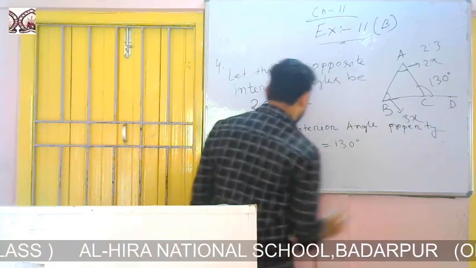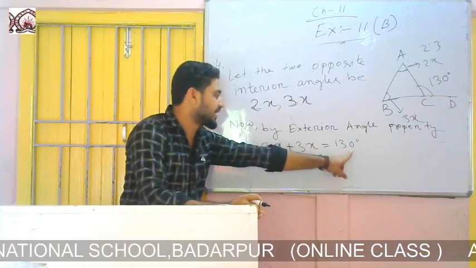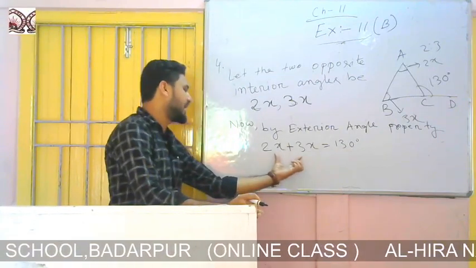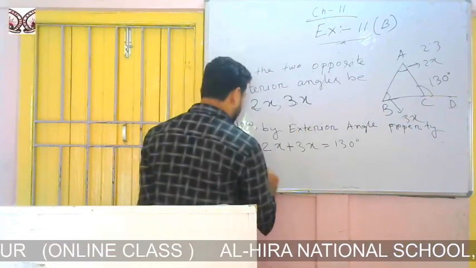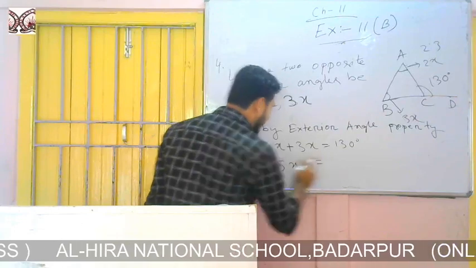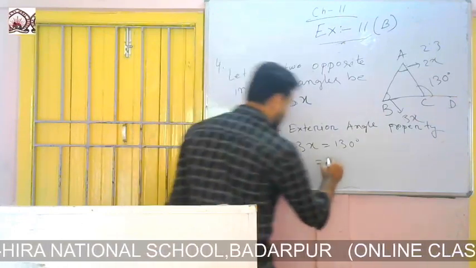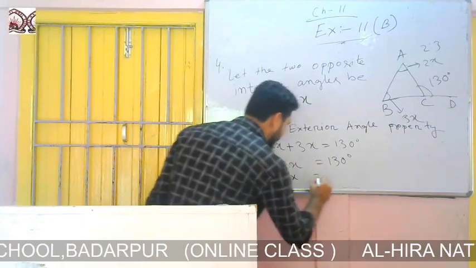The property says that the sum of the two interior opposite angles equals its exterior angle. So I have written twice x plus thrice x equals 130 degree. So from here, twice x plus thrice x equals 5x. If I add, 3 plus 2 is 5, and x, 5x equals 130 degree.